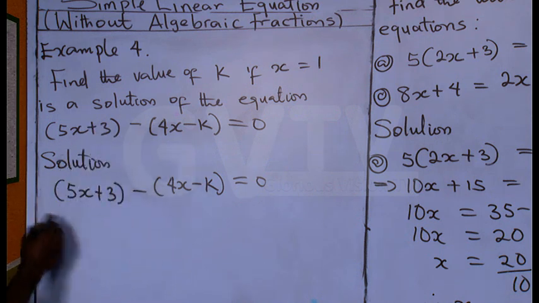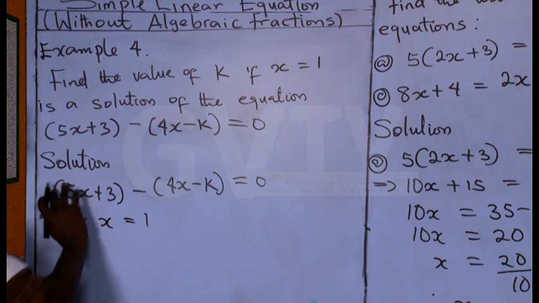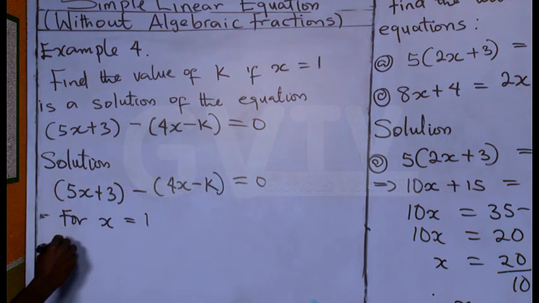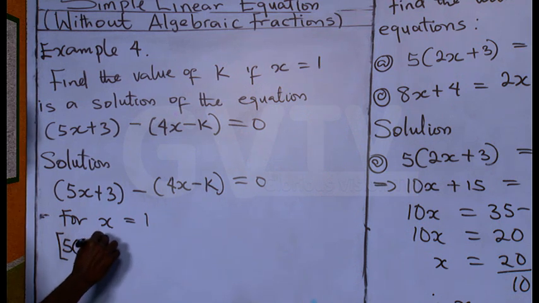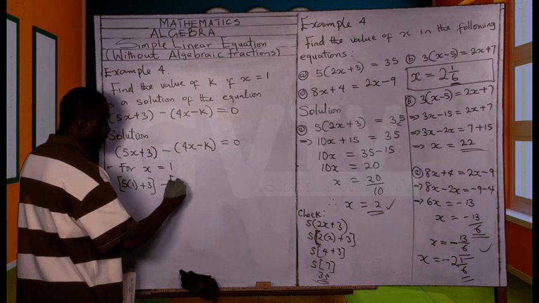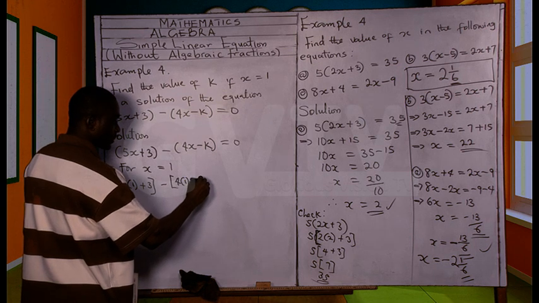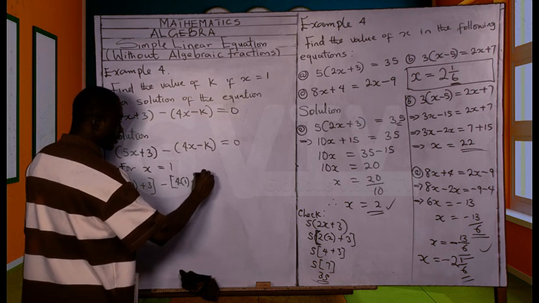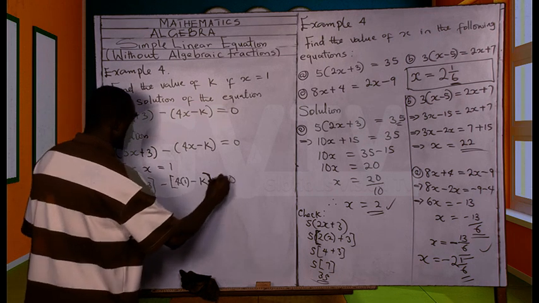So for x equals 1, this equation will be 5 into 1 plus 3, minus 4 into 1 minus k. We close the bracket using the bigger bracket, equals 0.